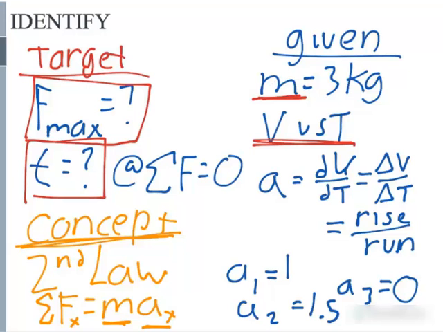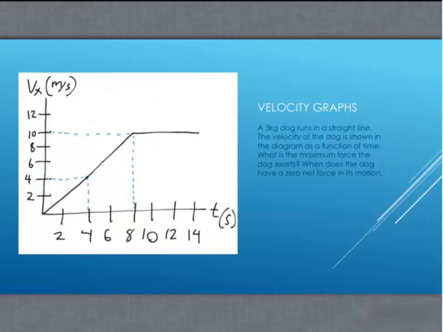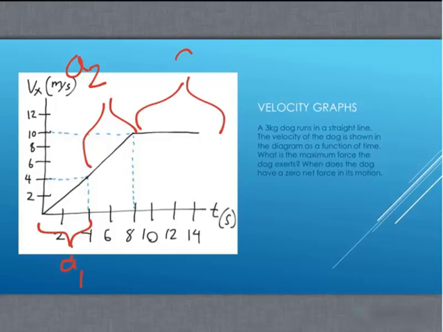Let's go back and take a quick look at those. What we're looking at is this portion here for A1, then this second portion here is A2, and finally this last portion here is A3. If we did a rise over run for this portion here, the top is a 0, so that's going to be 0. For the second portion here, we have a rise of 6 and a run of 4.